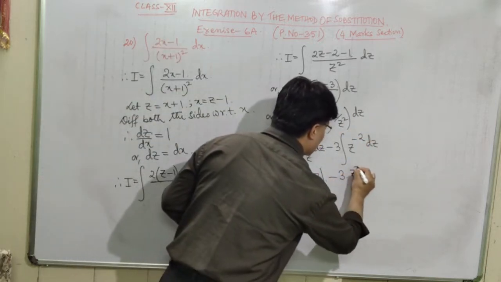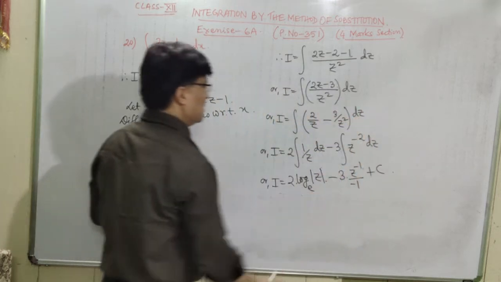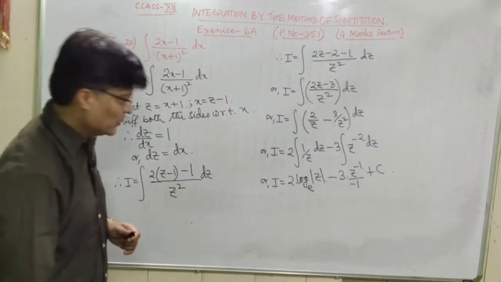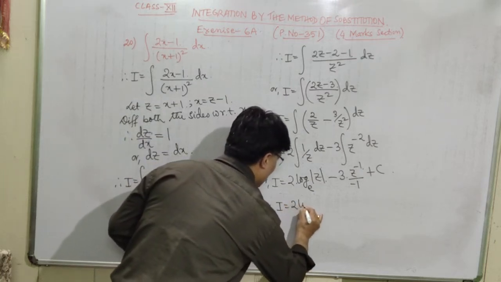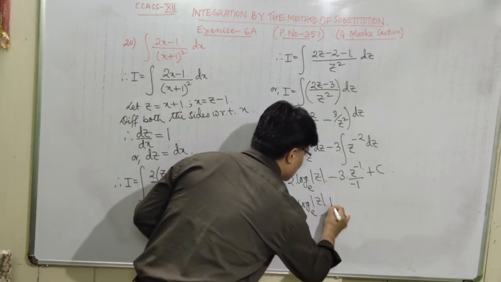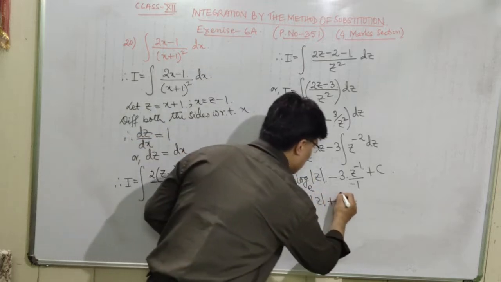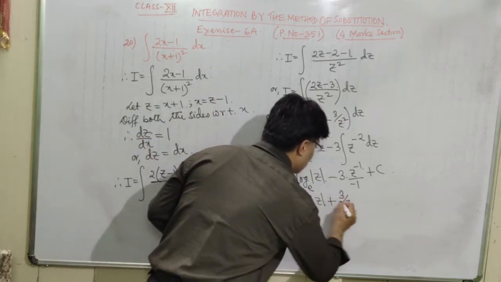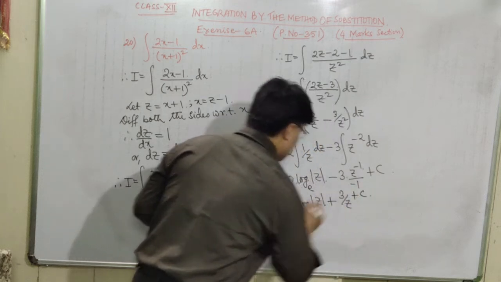But here it is z to the power minus 1 divided by minus 1. Then plus c. So I is equal to 2 log mod z to the base e, minus into minus is plus actually, so it is 3 z to the power minus 1 taken to the denominator. So it becomes 1 by z and it is plus c.